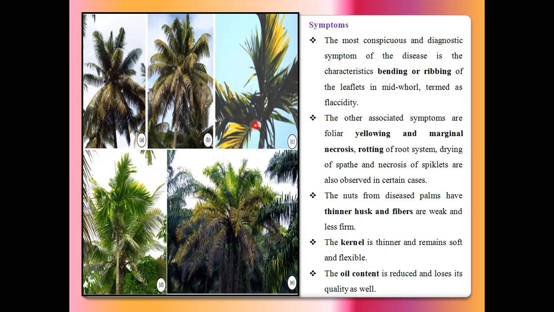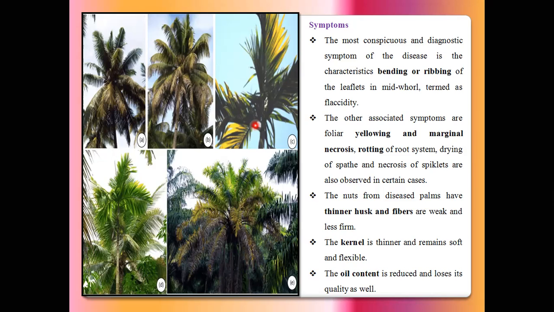This is known as flaccidity. It means the infected plants have leaves and leaflets that generally bend toward the trunk portion of the coconut. Then the second most important symptom is seen on the infected leaf, which turns yellow in color, and the margin of this leaf shows flaccidity or some necrosis symptoms.